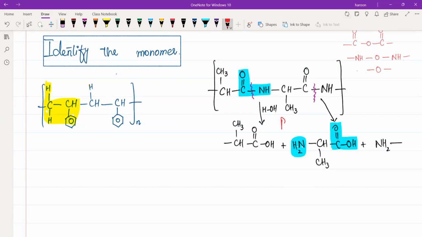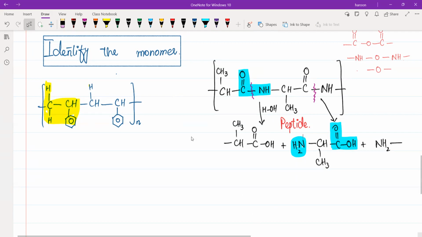Yes, it is a peptide linkage. Okay, so we have to identify the polymer type, and we can identify it by just looking at the structure.